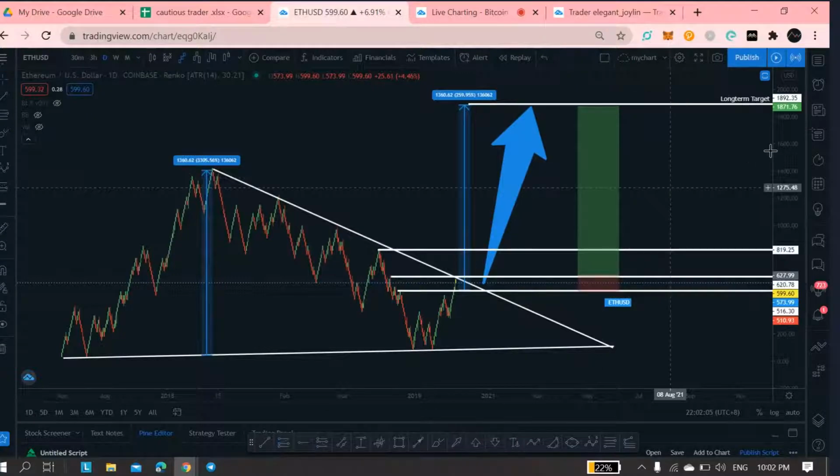So I'm showing this so that you can also decide which asset to look into.